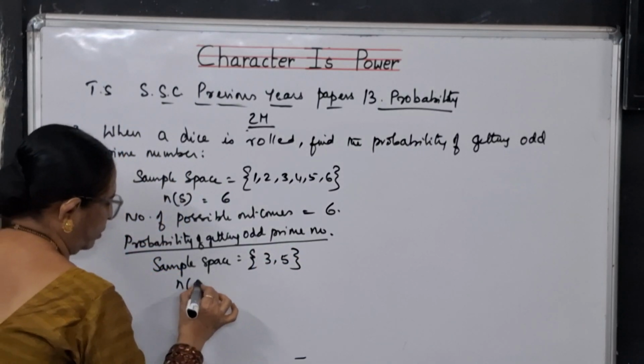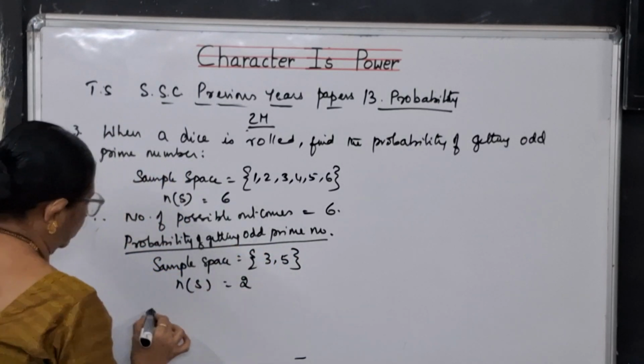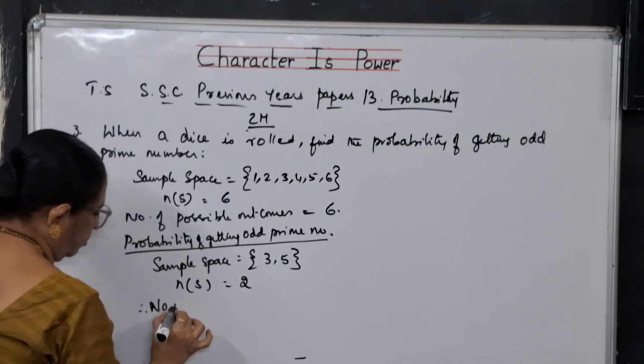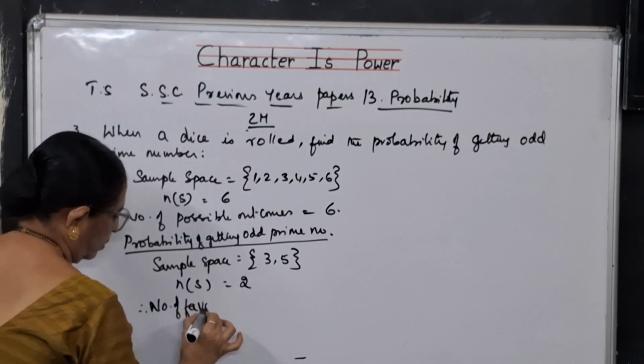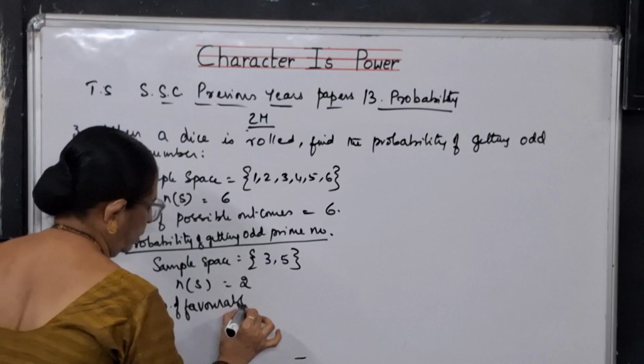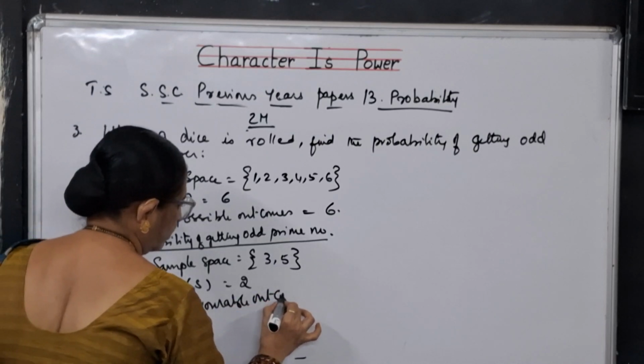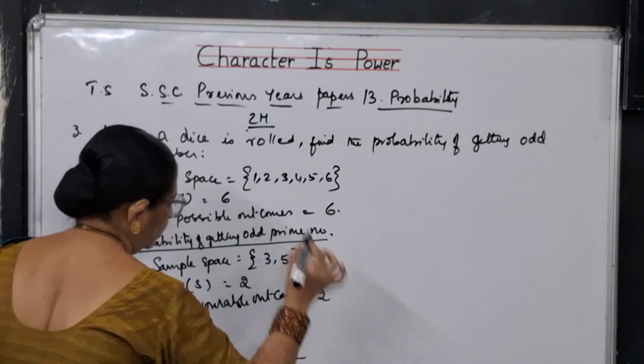So what is n of S? It is 2. That means number of favorable outcomes, how many? 2.